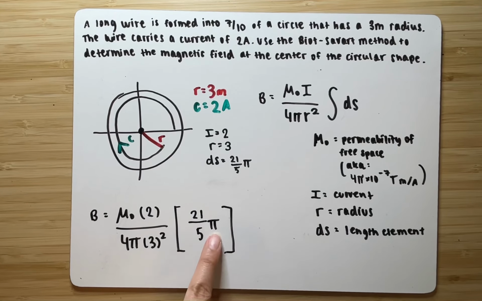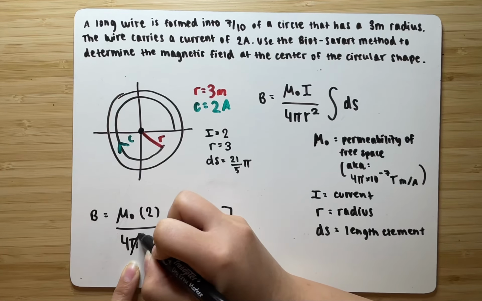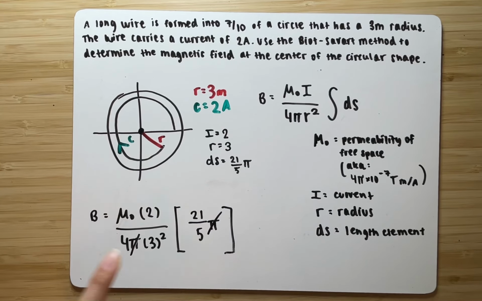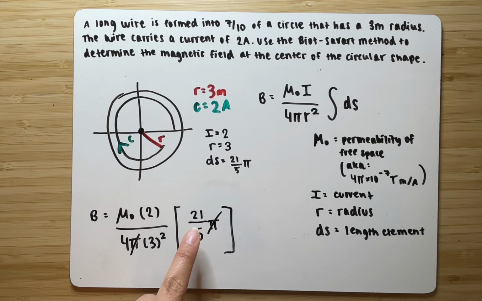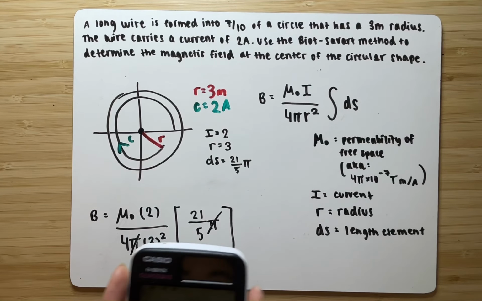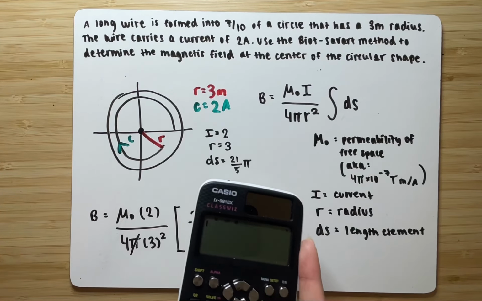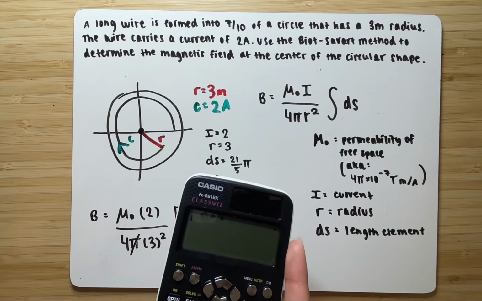We see pi right here and we see pi right here, okay? Top and bottom, it cancels out. All right, so now we only have to calculate mu naught times 2 times 21 over 4 times 3 squared times 5. So let's plug that into a calculator. So we have mu naught, which we don't have to write because it's a constant, so we could set it aside for now.